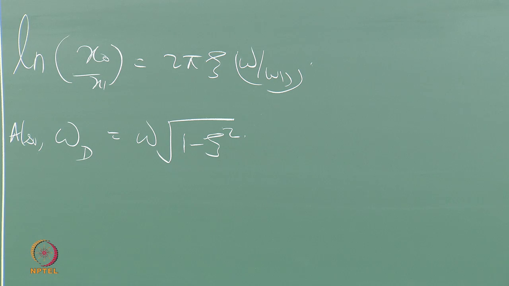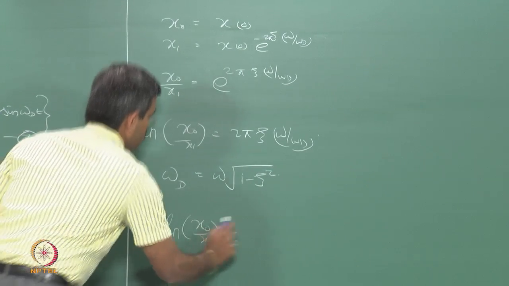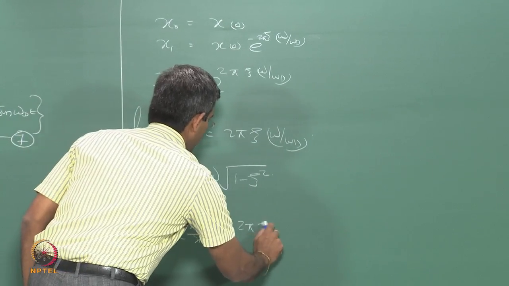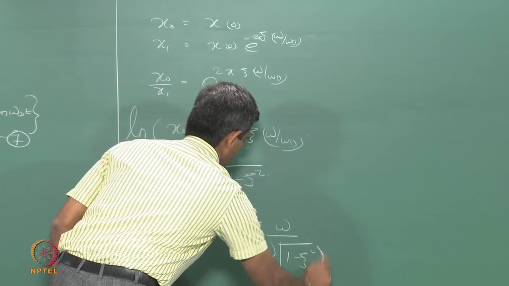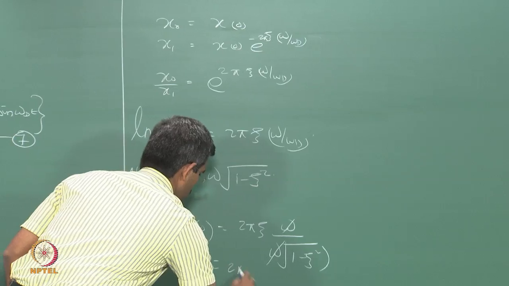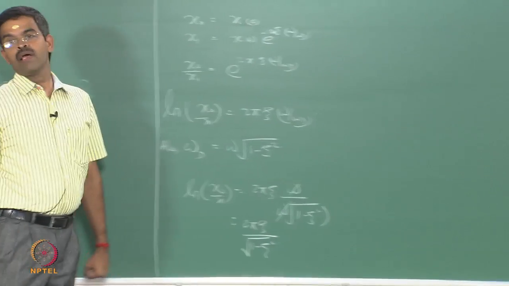Substitute back here, I will get the natural logarithm of x0 by x1 as 2 pi zeta by root of 1 minus zeta square.